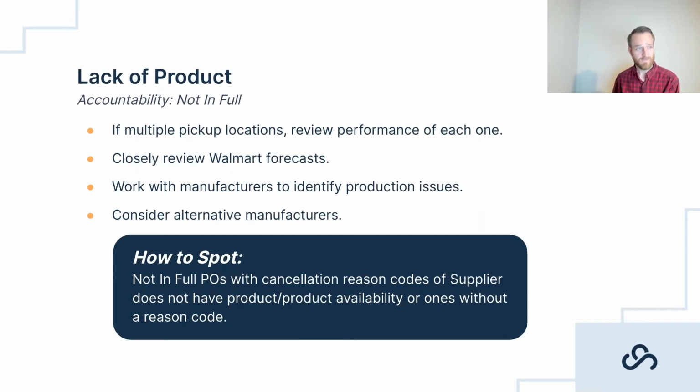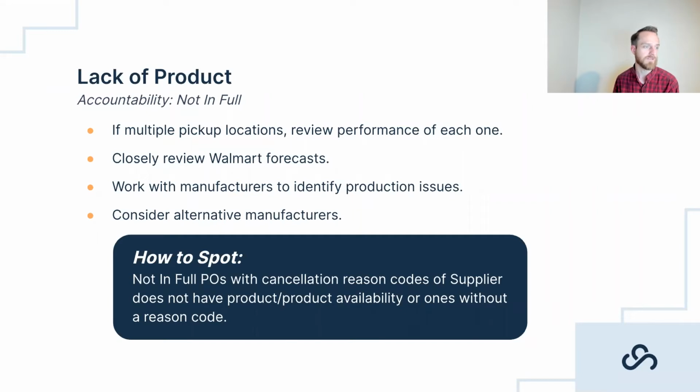So some things to consider: number one, this blue box at the bottom of this slide, how to spot it. A lot of suppliers are pretty aware if you're not able to fill particular items. So usually you have some knowledge of this, but it is always great to confirm that with data.